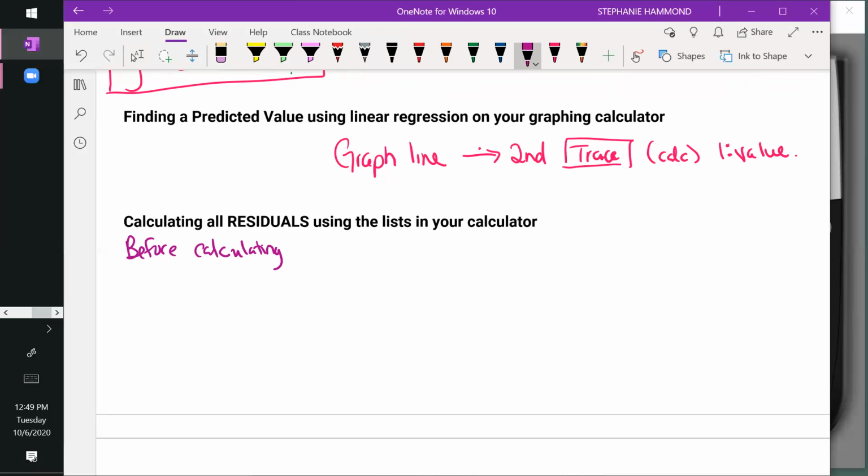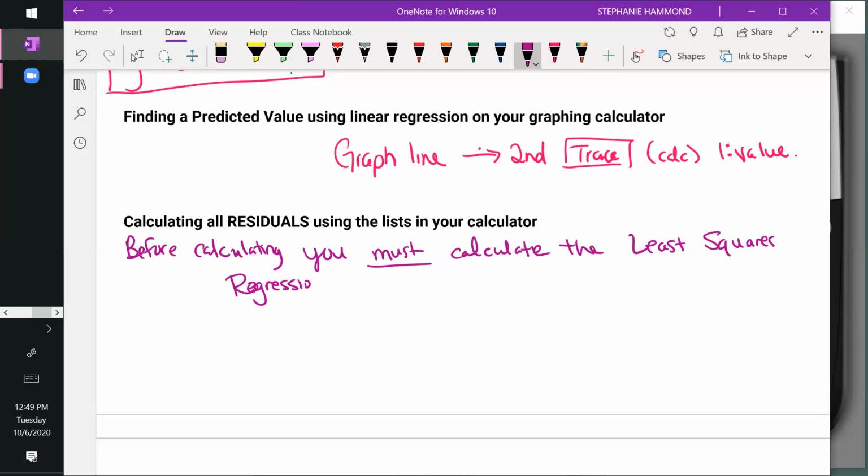So you must calculate the least squares regression line on your calculator.